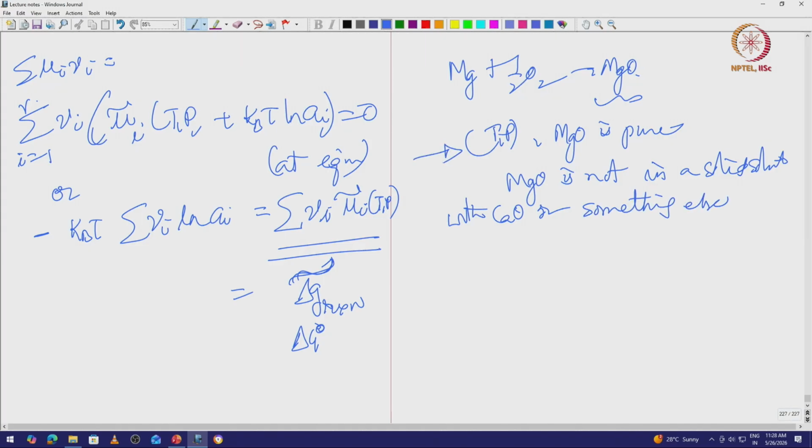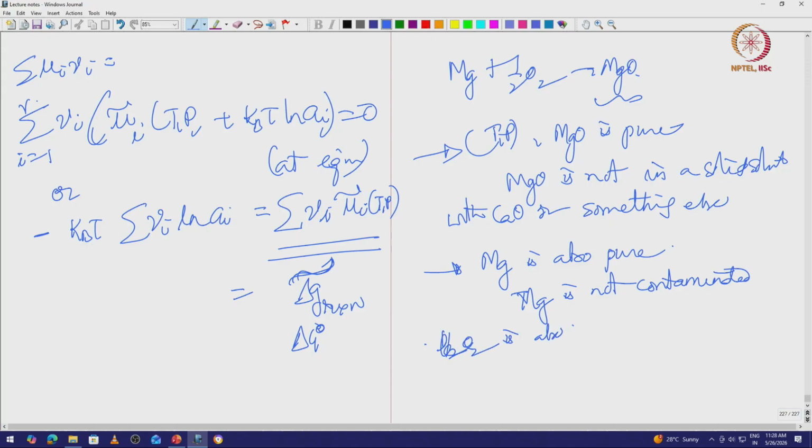Okay. Then magnesium is also pure, right. So which means that I am at that T and P where magnesium is also pure, magnesium is not contaminated, and so is gas phase oxygen, oxygen is also pure, right.